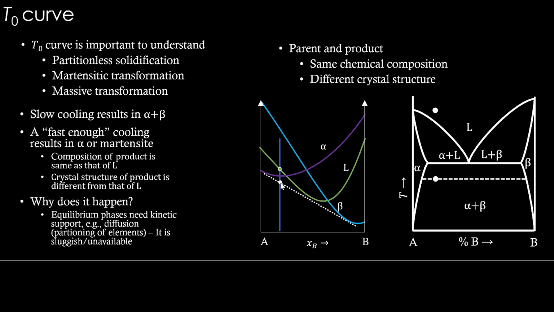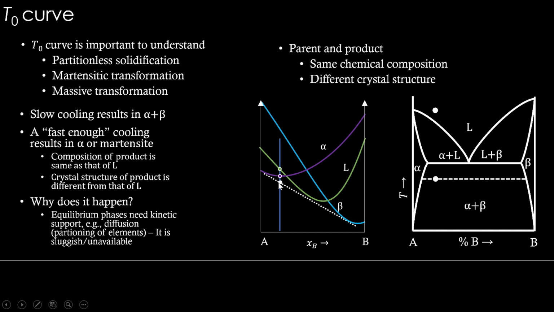Now, if beta cannot nucleate, and the formation of these new equilibrium phases cannot happen, then what is the next best thing that can happen in terms of the Gibbs energy diagram? Now, this particular phase here, alpha, will have lower Gibbs energy compared to liquid, but not as low as this white dot.